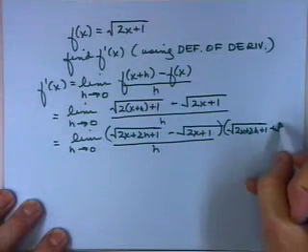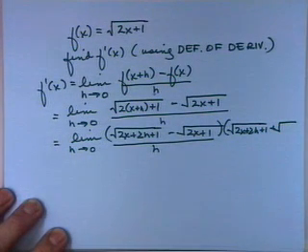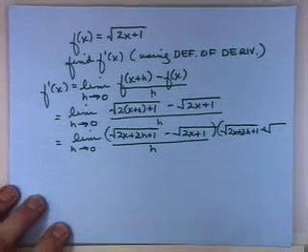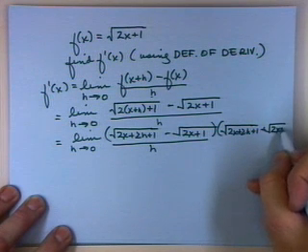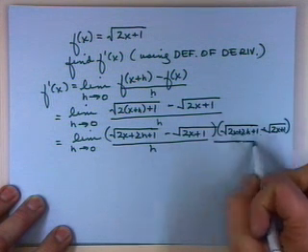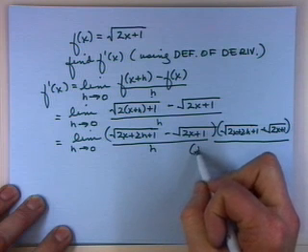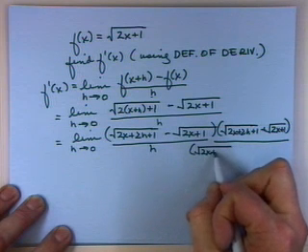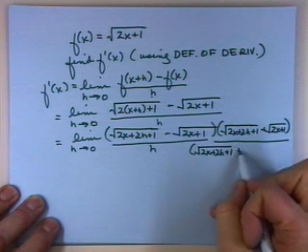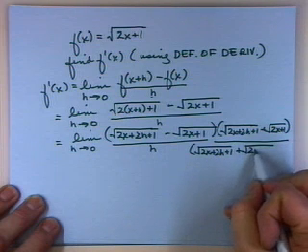Now we look at the numerator, and we're going to multiply by the conjugate of the numerator. Which is the same two radicals, different sign in the middle. Multiply the top by that, and the bottom by that.